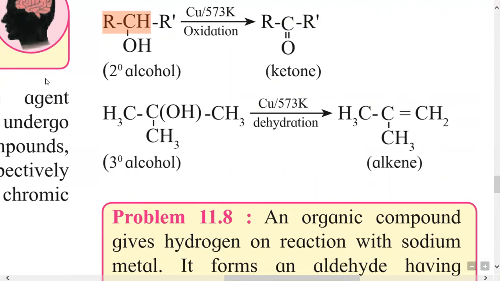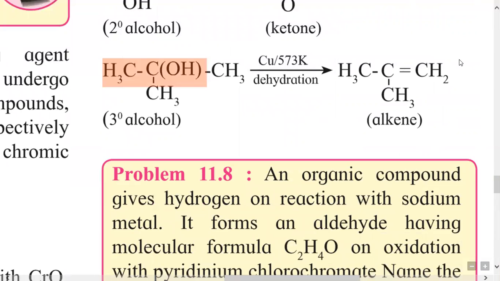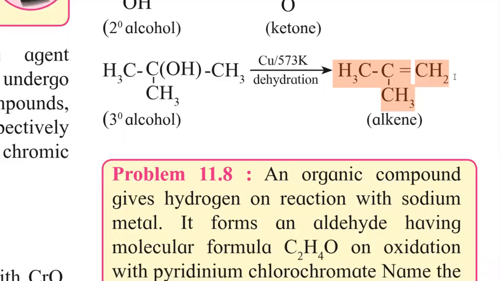But when tertiary alcohol is oxidized using similar oxidizing condition, that is copper metal at 573 Kelvin, then this tertiary alcohol undergoes dehydration reaction, that is removal of H2O takes place, and we get alkene.